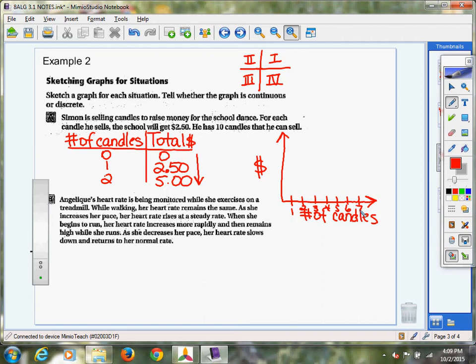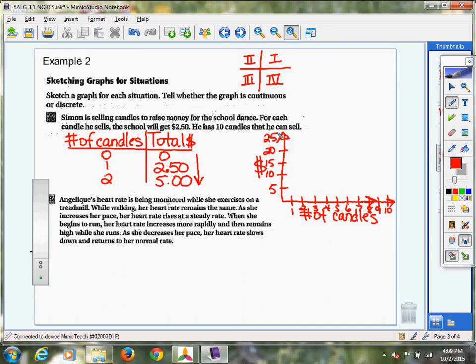If you go all the way out to 10, you have to stop at 10 because that's all he has. I'll go ahead and do that real quick. I'll extend this out, 8, 9, 10, so you can see what I'm talking about. There we go. So let's go by 5: 5, 10, 15, 20, and 25.